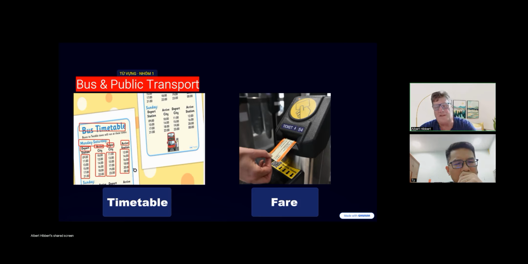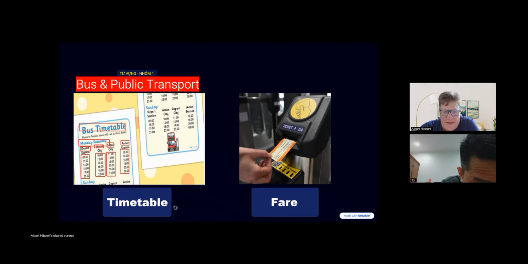So that is the information that you will find on a bus timetable, and a train timetable looks a bit different, but very much the same information. A time of departure and a time of arrival. So that is a timetable.